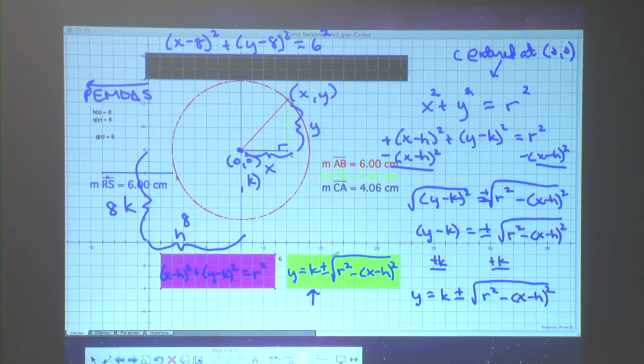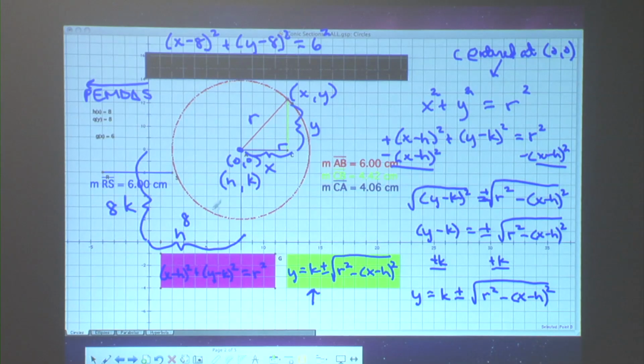Okay? What does the R stand for? And what does the H stand for? The X value of our center. Okay? So we're going to find our center, and that gives us our H and our K. We're going to find out what our radius is, and that gives us our radius. And that's all we need to do our equation.